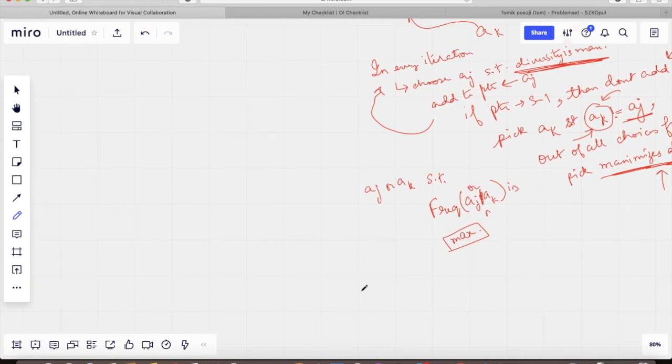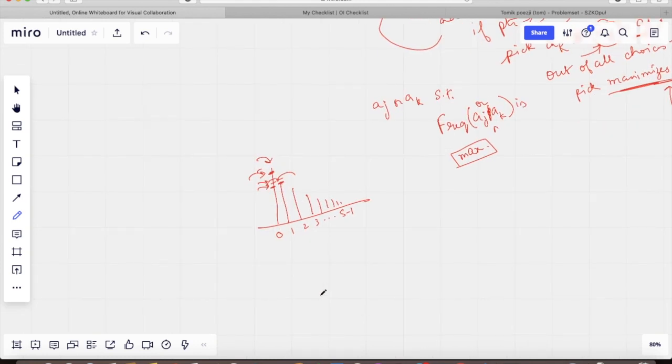So intuitively, let's say I have sorted everything by decreasing frequency. As long as you keep taking the one from the highest frequency, after you take, this becomes a bit shorter, and then this is no longer the max frequency, you take from this pile. So these piles correspond to 0, 1, 2, 3 up to S minus 1, and you take from these piles whichever has the maximum frequency.